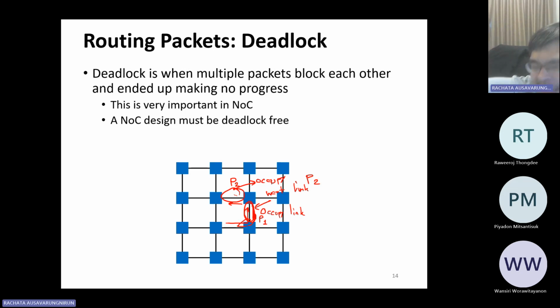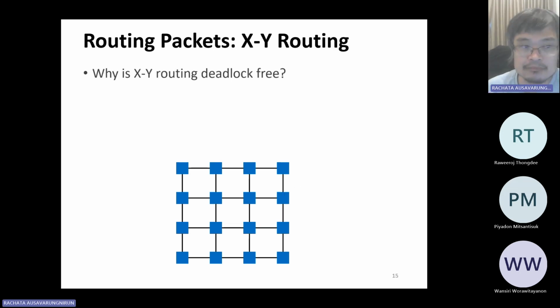I cannot allocate any more buffer for that particular link, for example. My packet would be stuck. I cannot go forward. To go forward, I need to free up the buffer, but that buffer is also tied by a different packet that uses another link. So I have this cyclic dependency. If you look at XY routing, you are not going to have cycles.